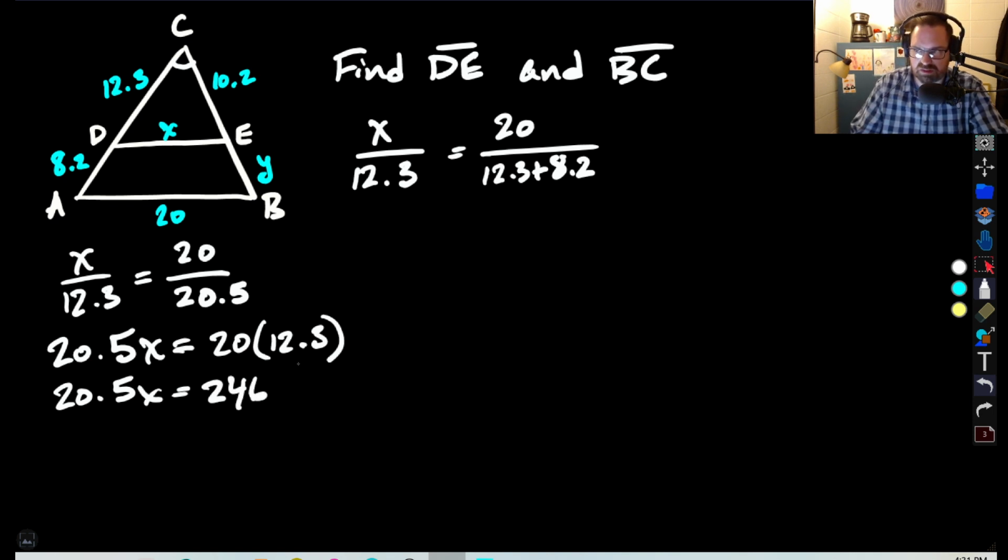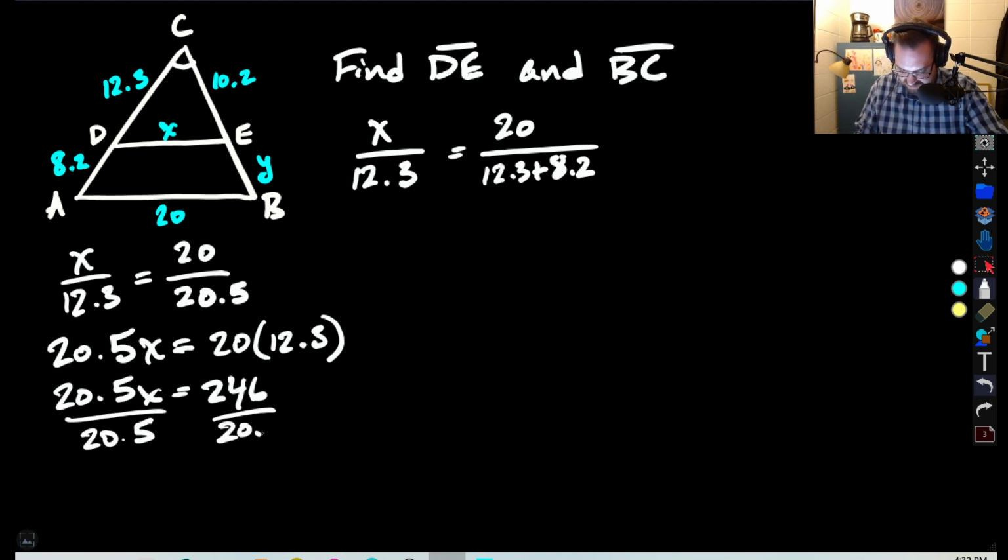So it all works out to being a nice round number with no decimal needed. And now the last part of this is we divide by 20.5. And we're going to get x is equal to 12.0 meters. Okay, and I should have specified, these are all in meters.